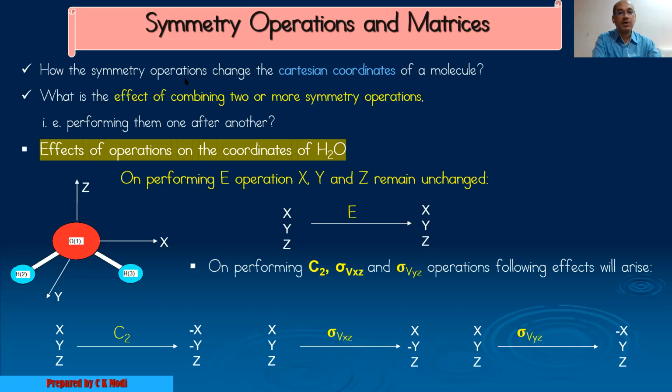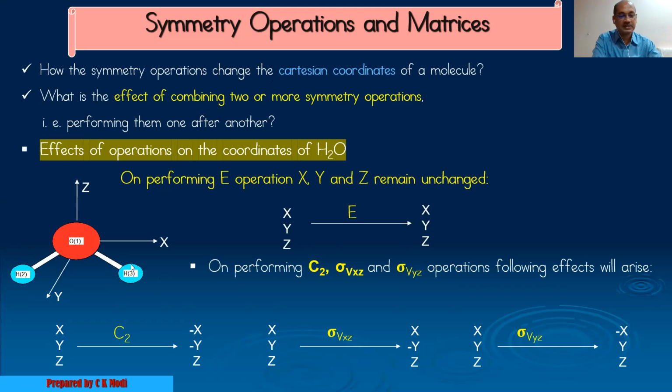How do the symmetry operations change the Cartesian coordinates of a molecule? For example, this is the H2O molecule, where this is oxygen and these are the 2 hydrogens. After performing the C2 operation or the sigma V operation, what should be the position of these atoms?